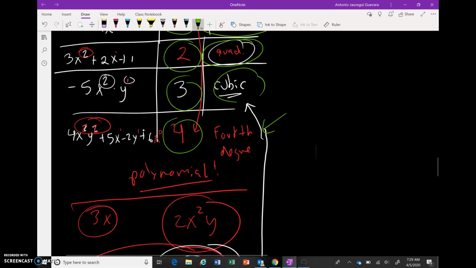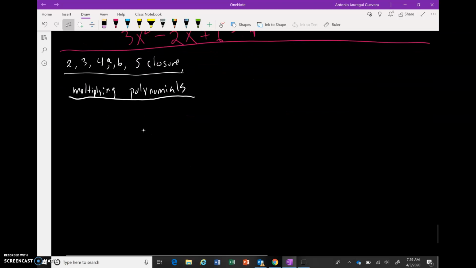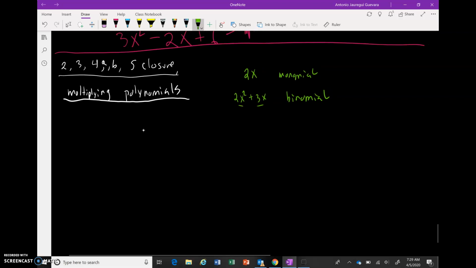Okay, so I just want to review that so that you keep how we call it. Now, sometimes in our book, they do say something like this. If we have something like 2x, we'll just call it a monomial, meaning 1 term. If we have something like 2x squared plus 3x, then we call it a binomial, because we have 2 terms, and it's a word by.